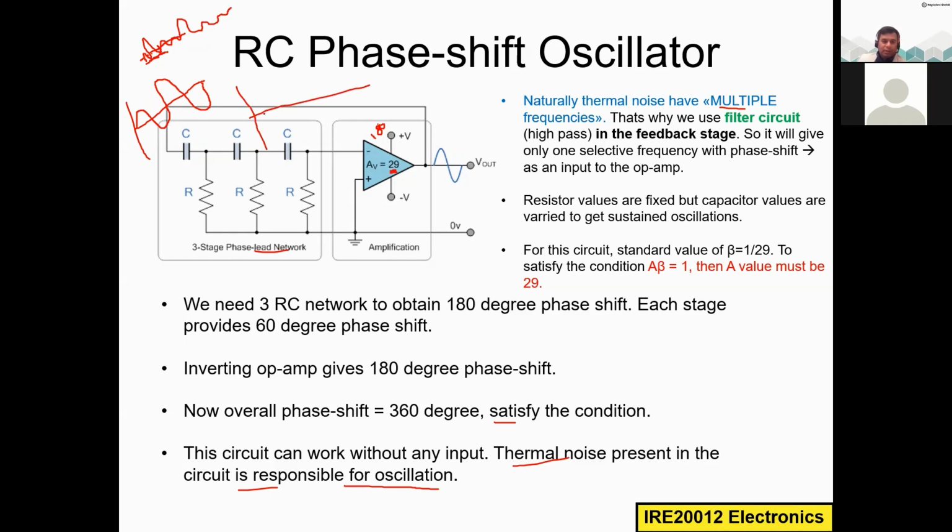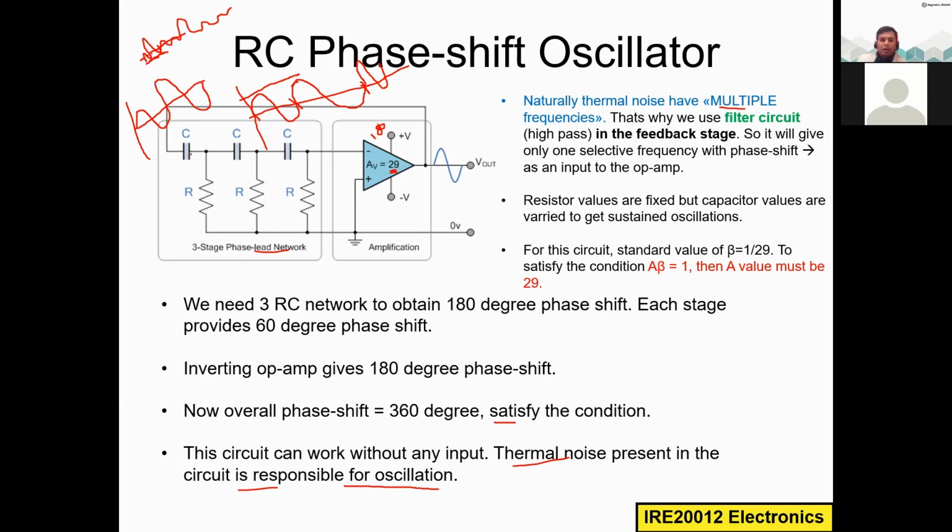So I have the same amplitude, but this signal is a little wider. So the frequency is different. So this is one cycle, right? This is a second cycle, and the third cycle will be maybe even narrower. So thermal noise is a random noise. It will have multiple frequency components inside.